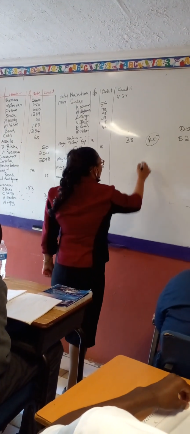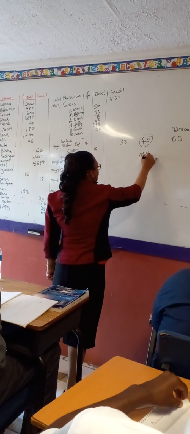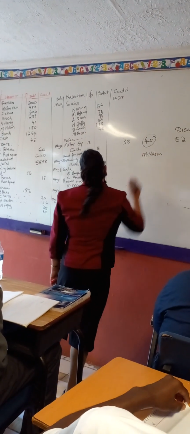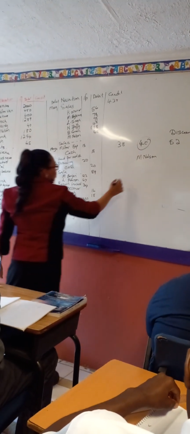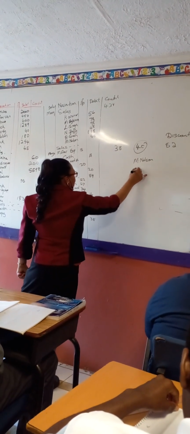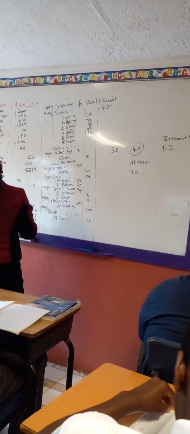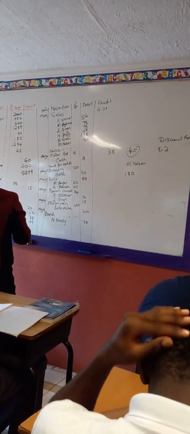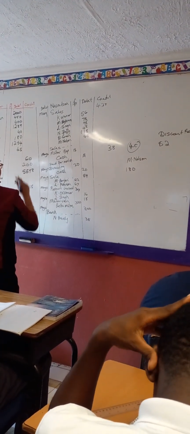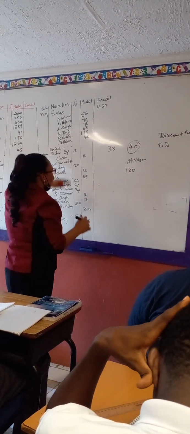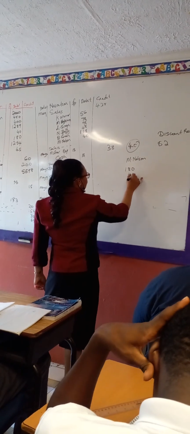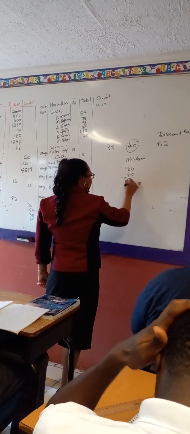M. Nelson. Okay, now let's see what Nelson owed us. We look at the top. M. Nelson was 180 at the top. Did we see his name there after? On May 3rd there was another $40, that makes it $220 that he owes.